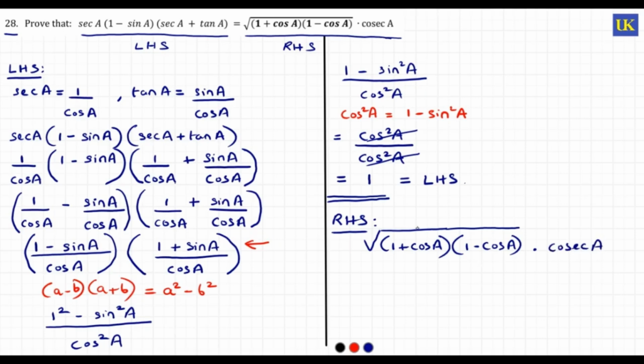Here also we can see a plus b, a minus b, so we can apply a square minus b square.